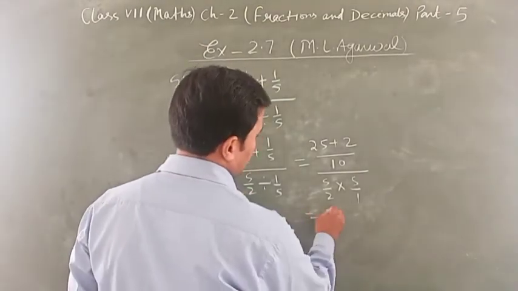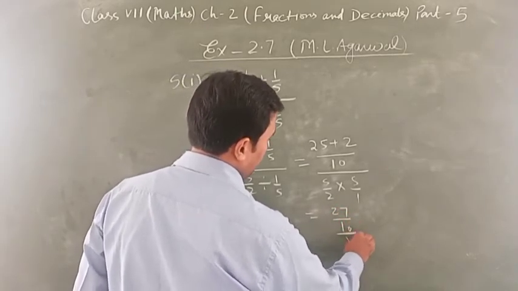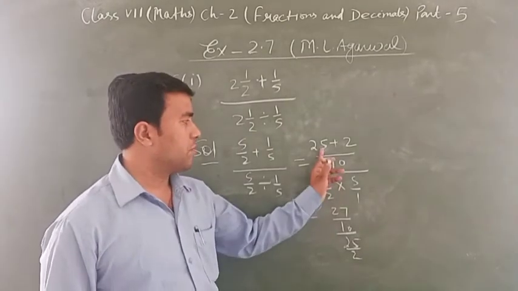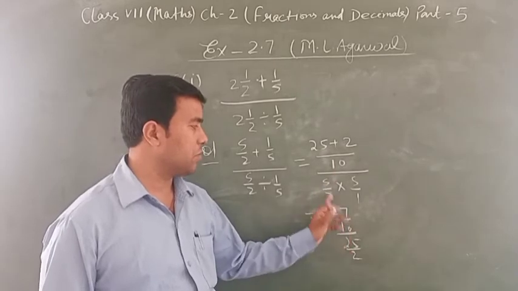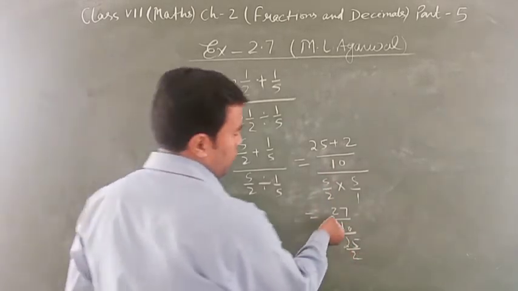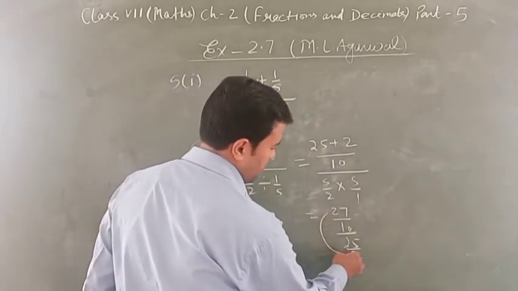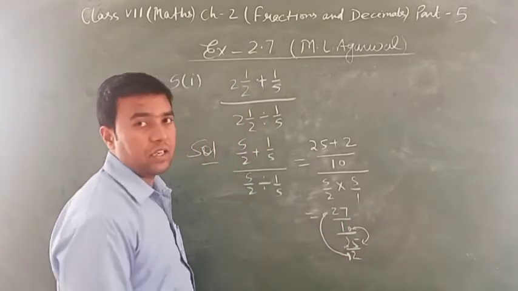After that, 27 by 10 upon 25 by 2, clear? 25 plus 2 is 27 upon 10, 5 times 5 is 25, 2 times 1 is 2. Then the first number multiplies by the last number, the second multiplies by the third number, clear?